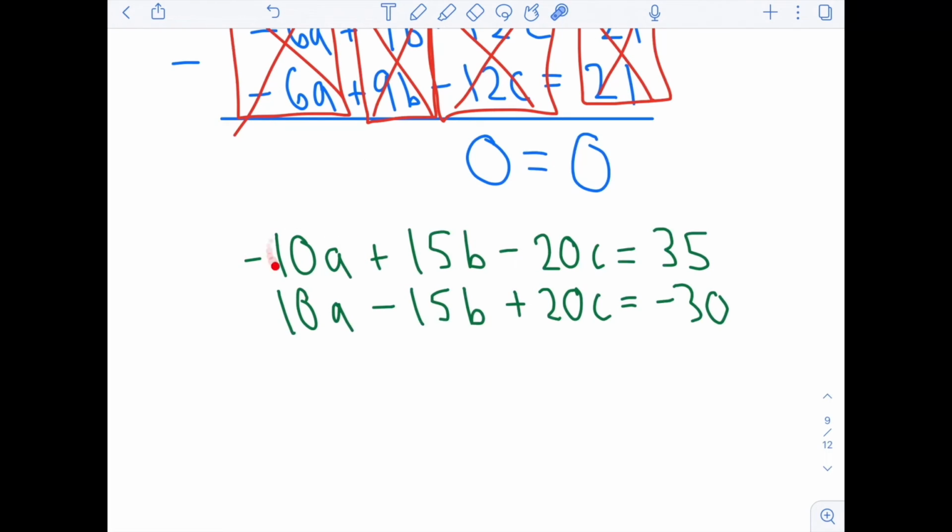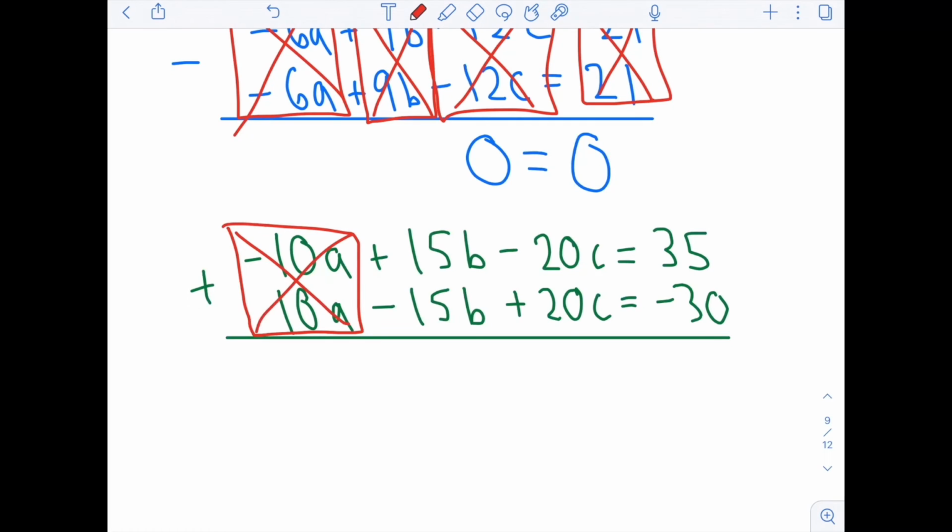So since I have this negative 10a and this positive 10a, I can add them together and they'll cancel out. So I'm going to add these two equations together. So negative 10a plus 10a, that cancels out, that's 0. 15b plus negative 15b, that's also 0.